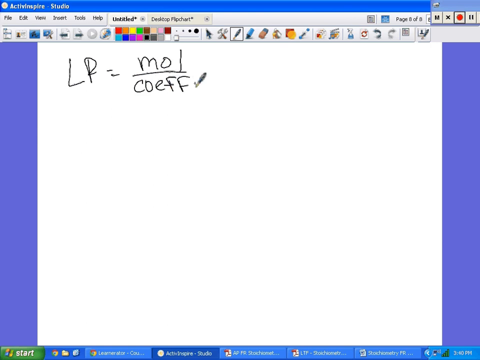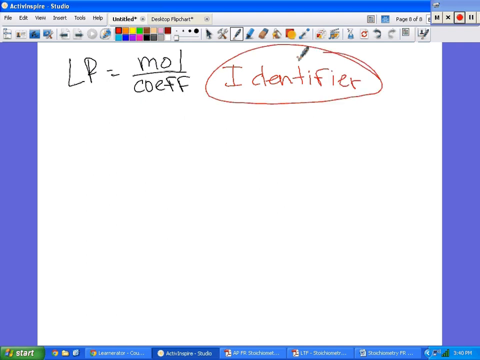This is only used as an identifier. What does it mean to be an identifier? You just know what it is. It's no mathematical help in stoichiometry. It's just going to show me what it is.